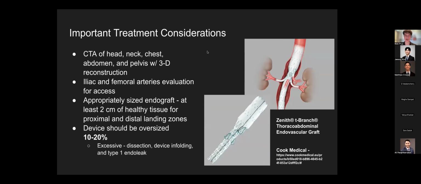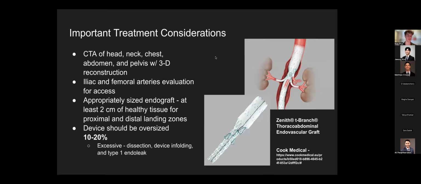These are other important treatment considerations. A CTA of the head, neck, chest, abdomen, and pelvis with 3D reconstruction is important. It's a good way to understand the health of the arteries, both the visceral arteries and the aorta.